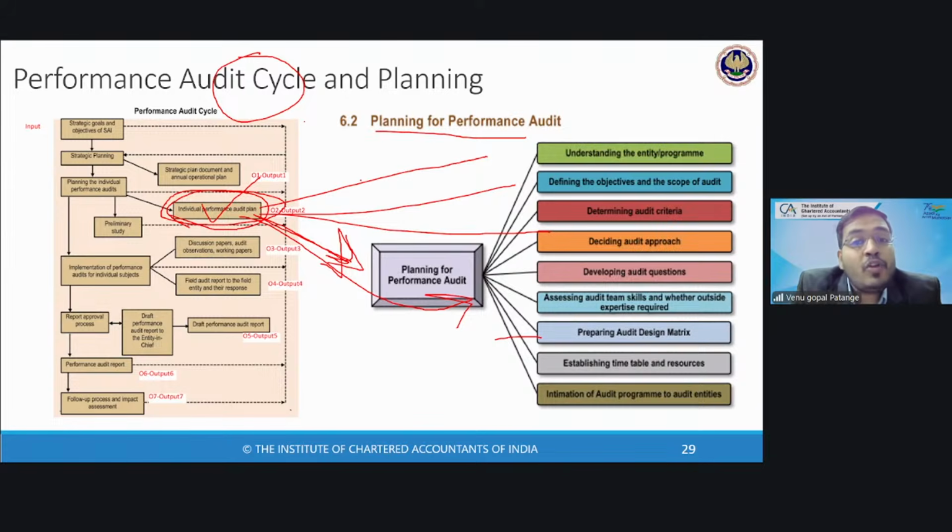Okay. So we don't stop here. For every section, there is detailed understanding. Now you tell me, once you understand this, how do you understand the entity? How do you understand the entity? I tell you to prepare a performance audit for a government hospital, whether the doctors are treating patients correctly or not, whether the government engineer is building correctly or not.